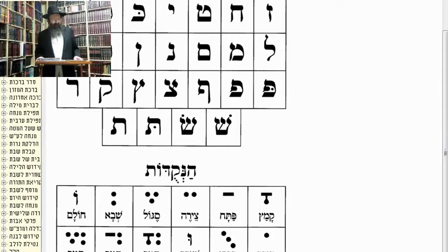Then we had, is it u or u? Remember that discussion? The more stressed u and the less stressed u. And that's in the kubuts. You have also the two vowels, the more stressed and the less one. So I'm just showing you that in the names of the vowels, you actually have the two options of that vowel, whether it's a more stressed one or less stressed one.